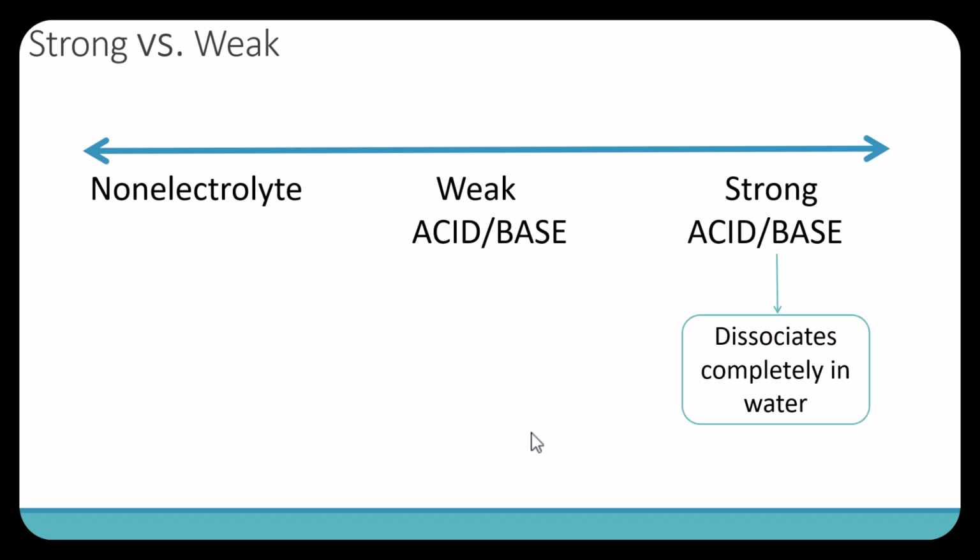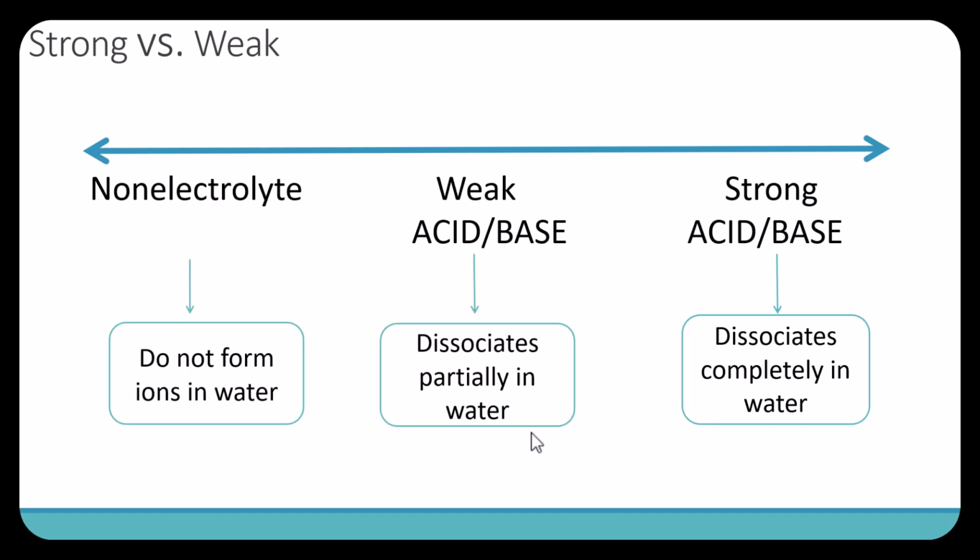A strong acid or a strong base will completely dissociate in water, so completely break apart. Nothing will be stuck together. Weak acids and bases will only partially dissociate. The poster child for this is acetic acid, which we'll see in just a moment. If we put acetic acid into solution, maybe 3 of them will break apart, but 2 of them will stay together. So only partial dissociation there.